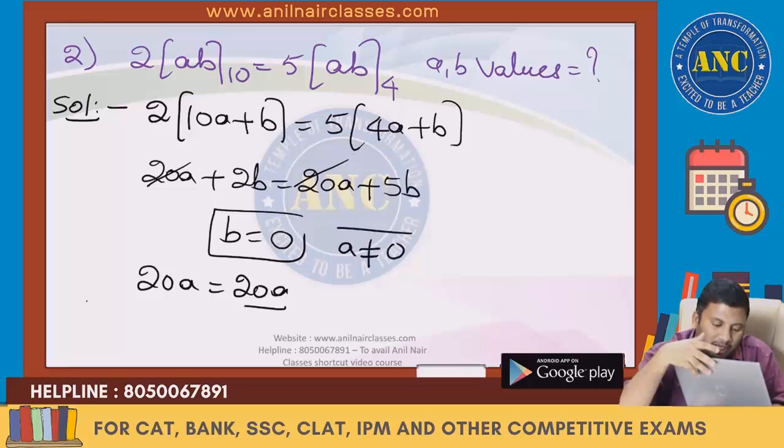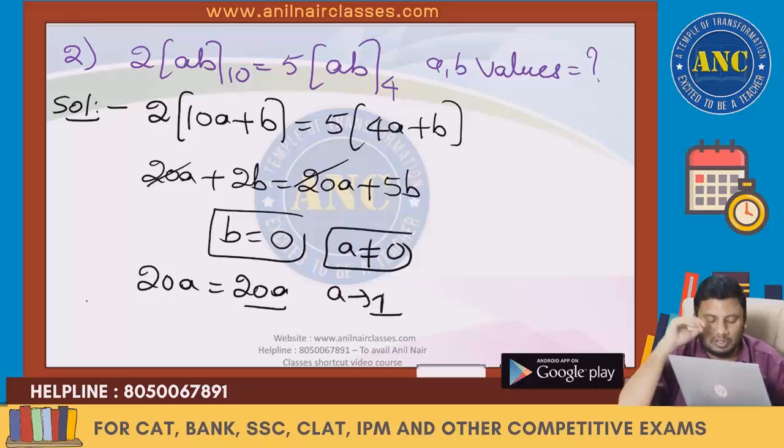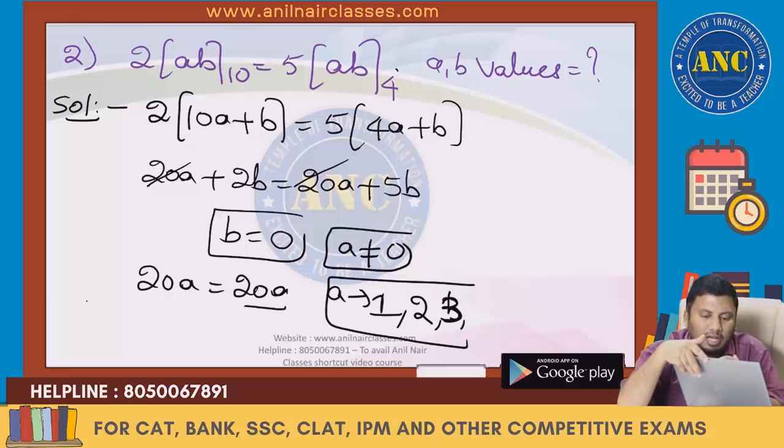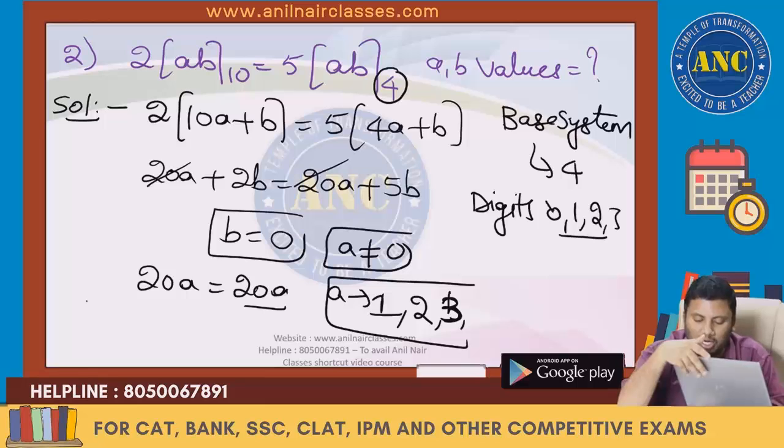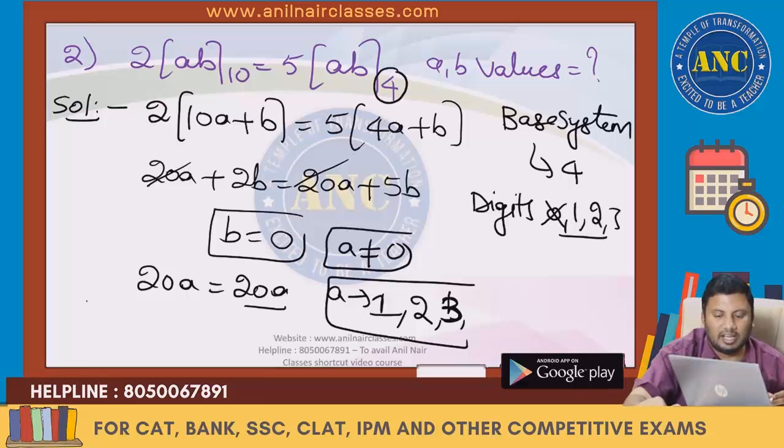A cannot be 0. A can be 1, 2, 3, because it is in base system 4, where the digits are 0, 1, 2, 3. 0 is not possible because A is leftmost.